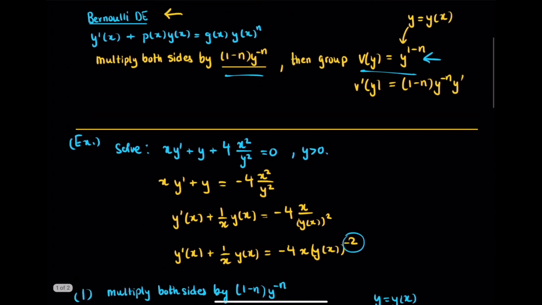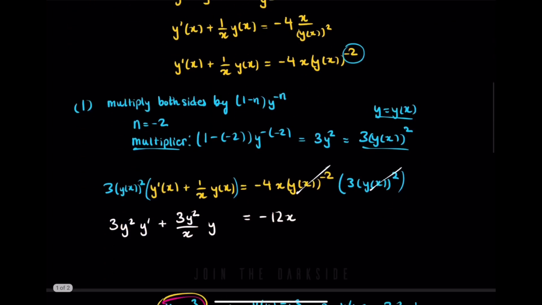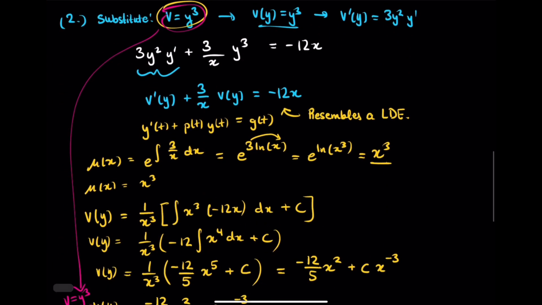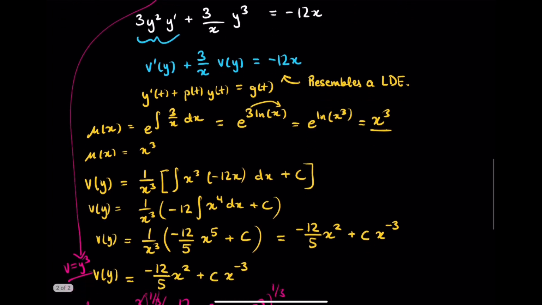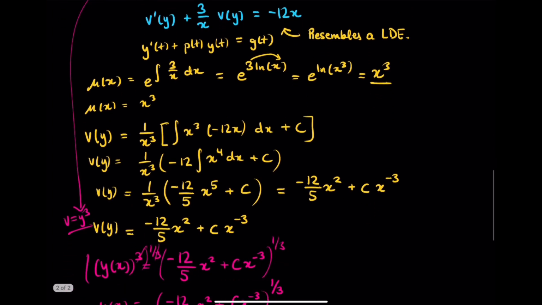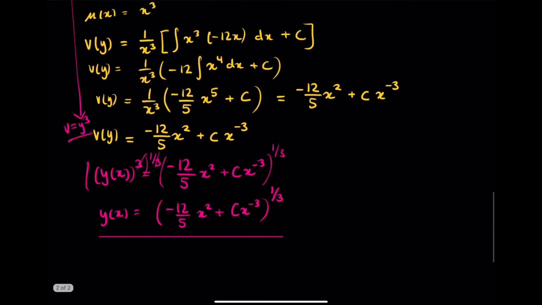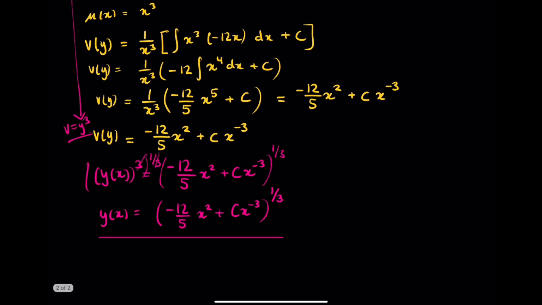And then you have to take the derivative, and that will allow you to turn that Bernoulli differential equation into a linear differential equation. And then you can solve it just like a linear differential equation, like how we did in the last video. It's just an extra 2 steps.